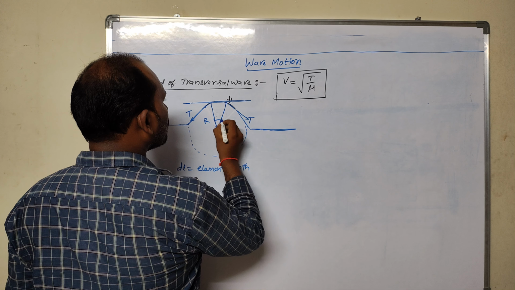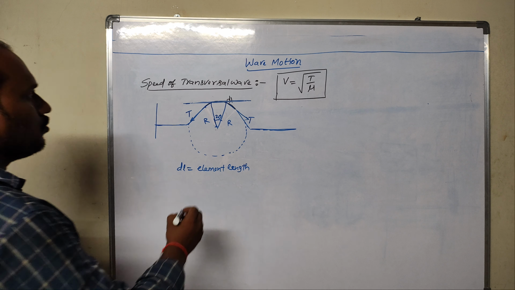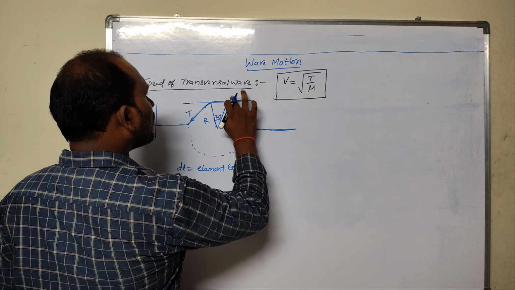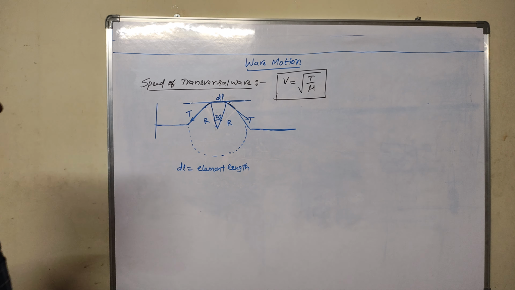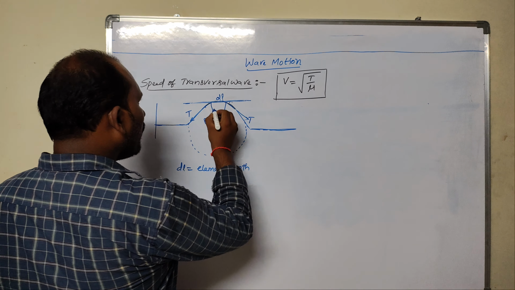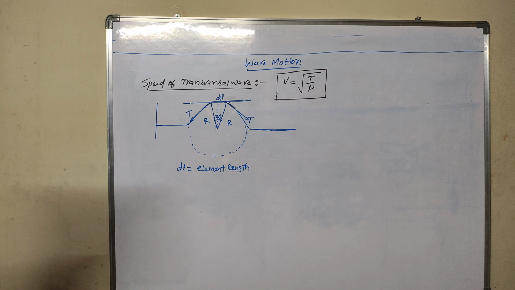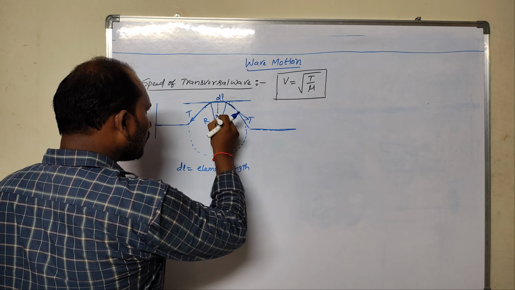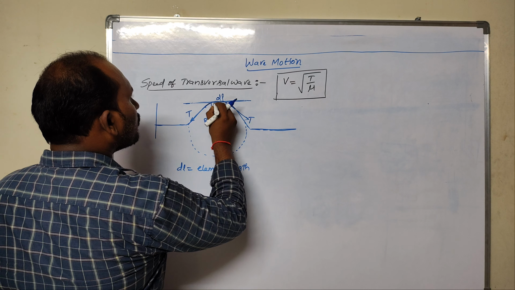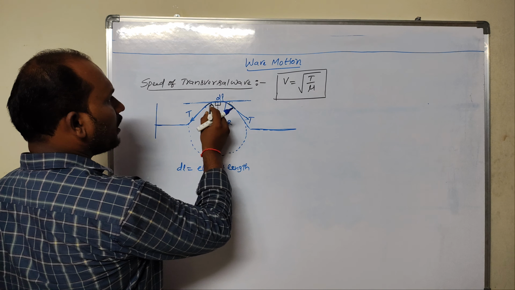So this is 2 theta, and this is dl, the element length. Now I make a perpendicular bisector. So this becomes pi by 2, and this becomes 90 minus theta.